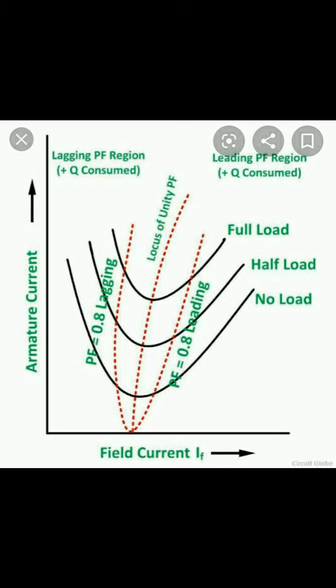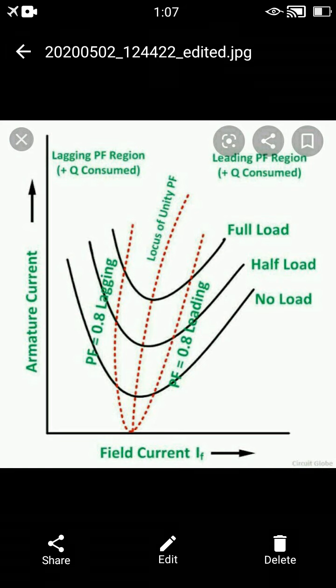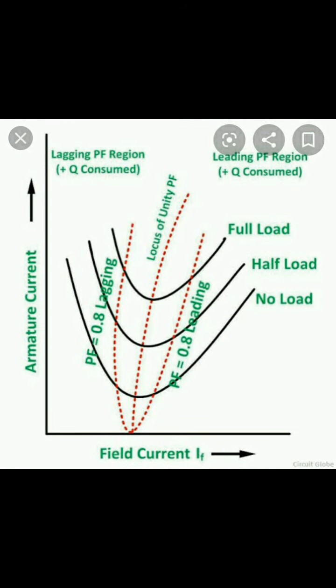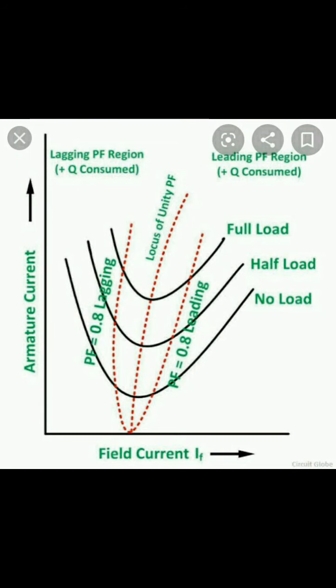As shown in the figure, this is the field current and this is the armature current, which shows the V curve. In the V curve, at the start, the power factor is lagging. This state is called the under excitation state. The center red point shows the locus of unity power factor, and the third region shows the power factor is leading.